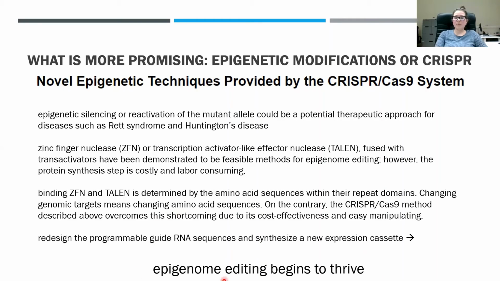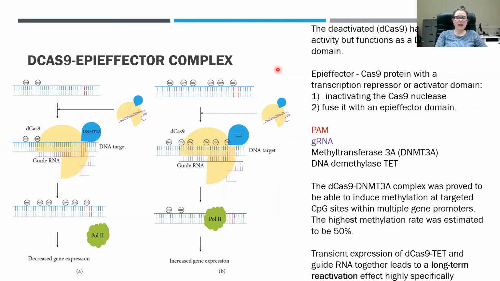And epigenome editing begins to thrive because of the CRISPR-Cas system. Here I found dead or deactivated Cas9, which has no nuclease activity but functions as a DNA binding domain. So epi effector Cas9 proteins with a transcription repressor or activator are shown here.